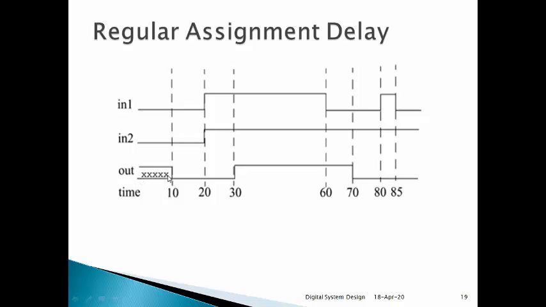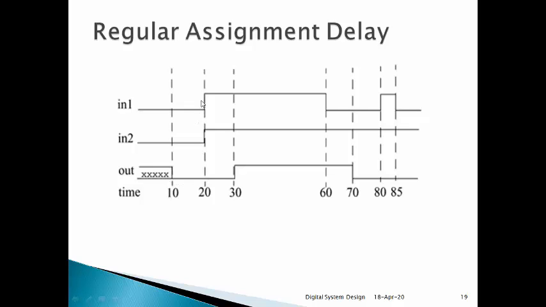From 0 to 10, the out value is X, which is also known as the unknown value. After 0 to 9, at 10 time units the output will equal 0.